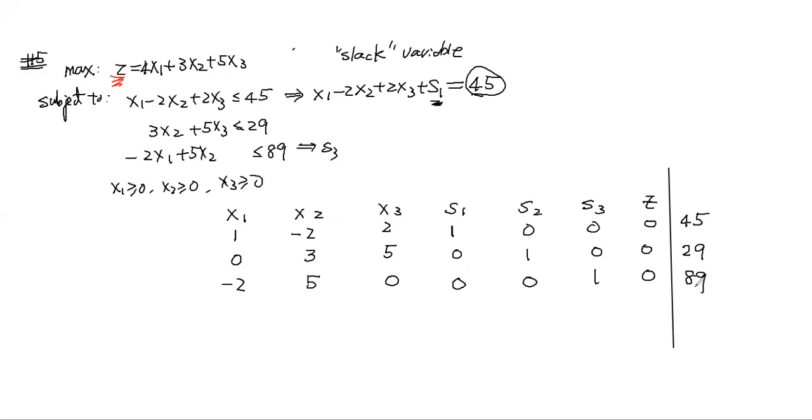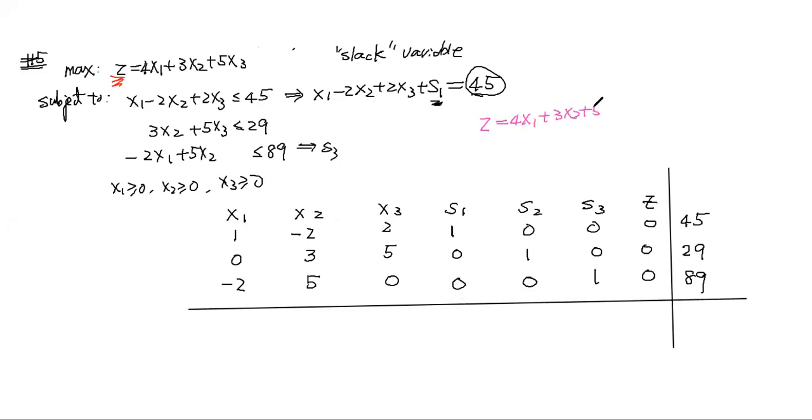After you put in all those numbers, the last row is the z value. We need to rewrite z a little bit. z equals 4x1 plus 3x2 plus 5x3.